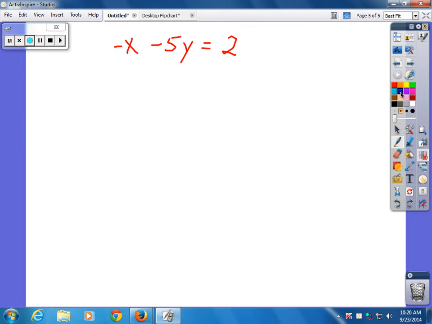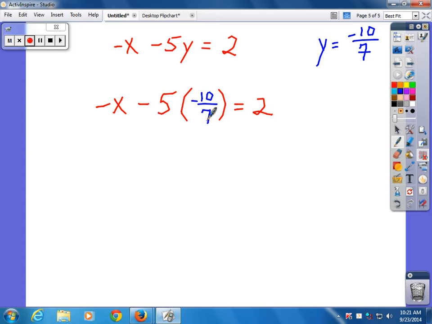And we got y is equal to negative what? 10 sevenths? So I'm going to rewrite the red, and I'm going to say negative x minus 5 times parentheses equals 2. And that negative 10 sevenths goes right here, because now is what we call back substitution.